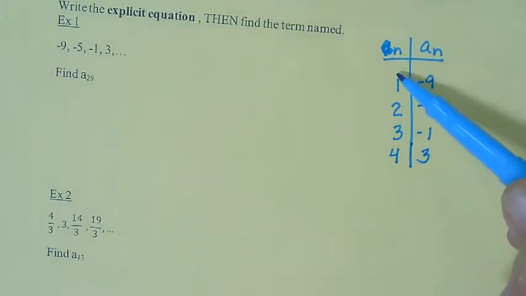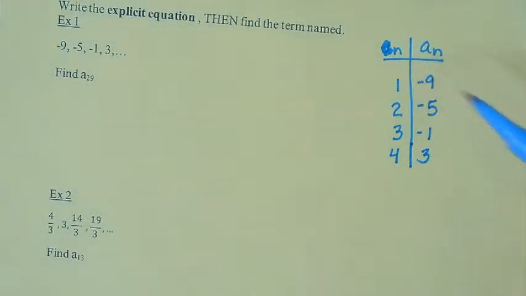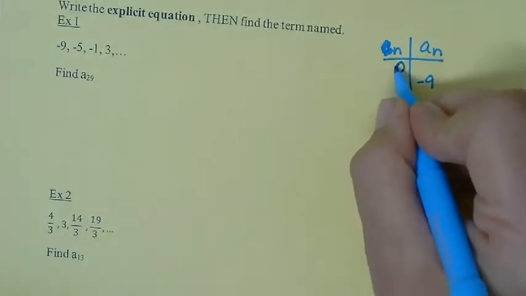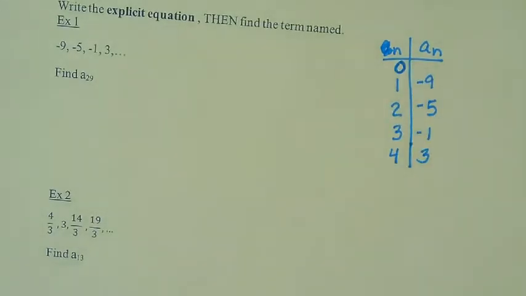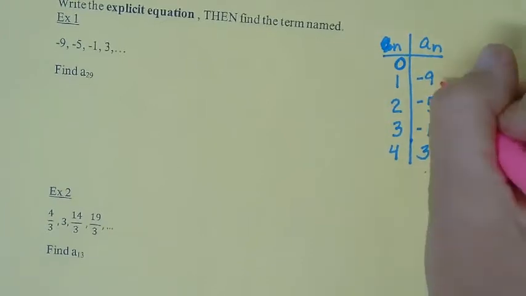Okay. Notice I left a little space up there, because we also are going to need our 0 term. Kind of like if we went one step back, what would it be? We should have to add or subtract the same number to all of these to get to the next one.